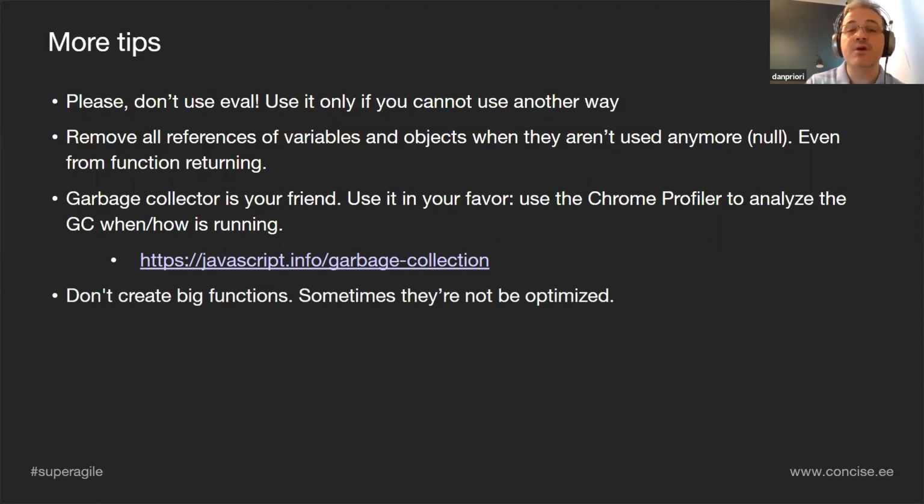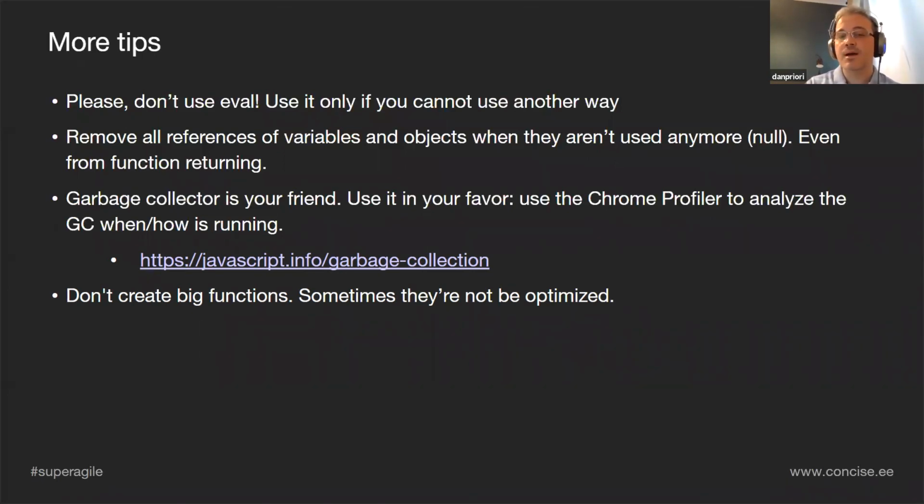So don't create big functions. Sometimes they're not optimized. I mean, big functions are huge functions with a lot of code inside. If you have functions of this kind, the JavaScript engine will not optimize them at all.